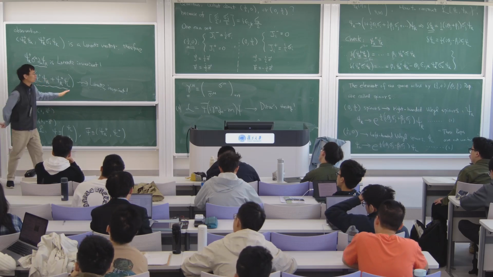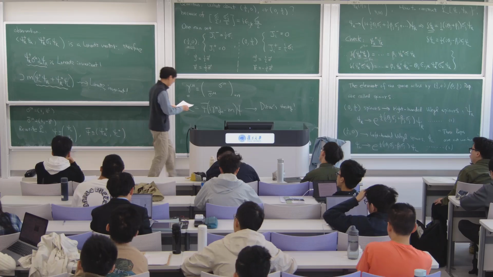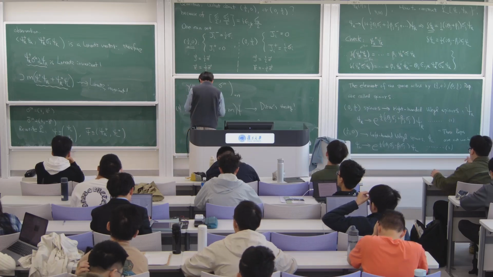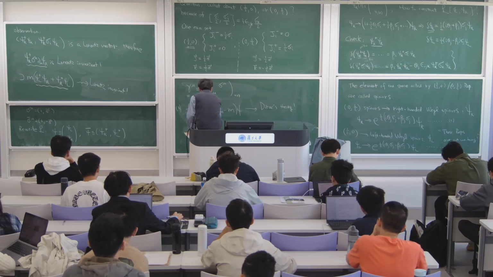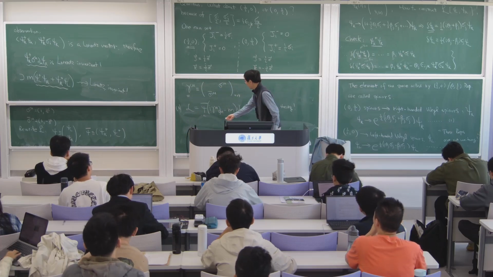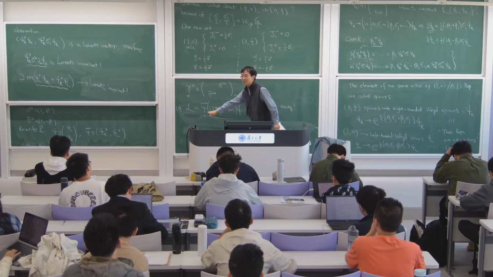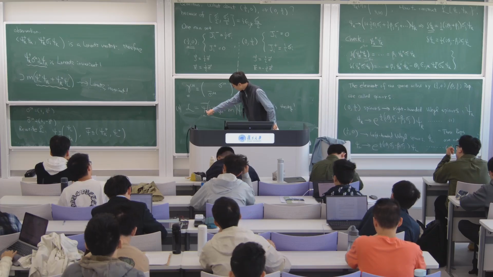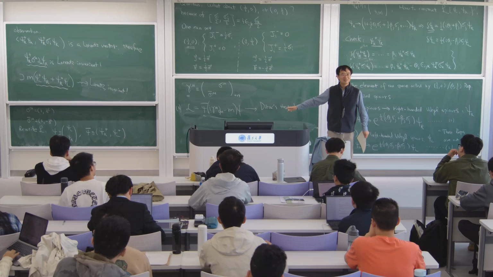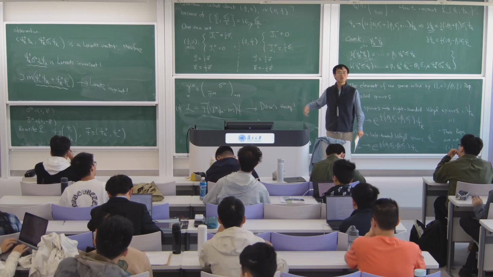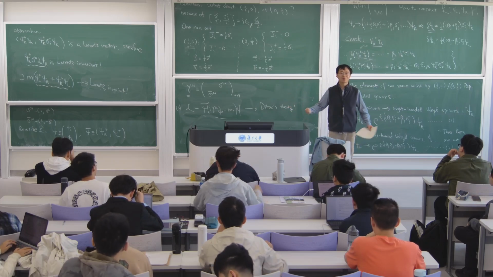Okay, this becomes more clear at the equation of motion level. Maybe I should first write down the equation of motion. It's a little hard to explain at the level of the Lagrangian. But the equation of motion can be derived very straightforwardly, because in this language, we always view psi bar and psi as independent variables. So from this Lagrangian, we derive the equation of motion by doing the variation principle.